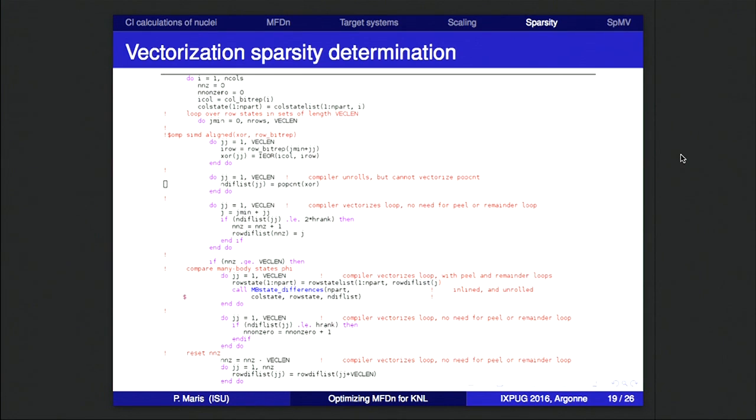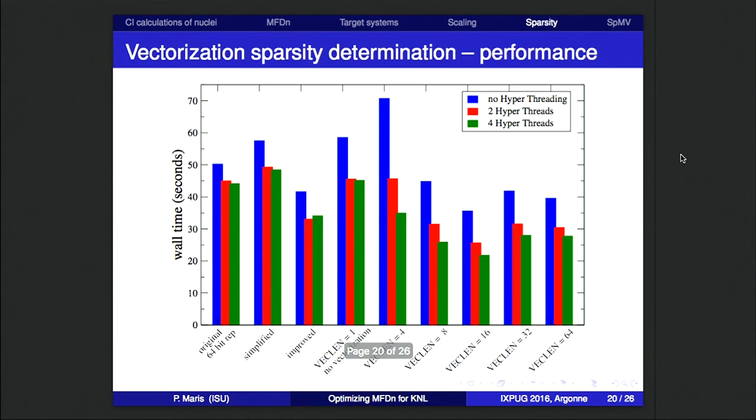The bit representation exclusive OR could be vectorized. The pop count cannot. Then the detailed comparison could be vectorized, or rather it's inlined and then vectorized. There's some unrolling of a loop inside here, and then this is also vectorized. So we did manage to vectorize essentially everything except for the pop count.